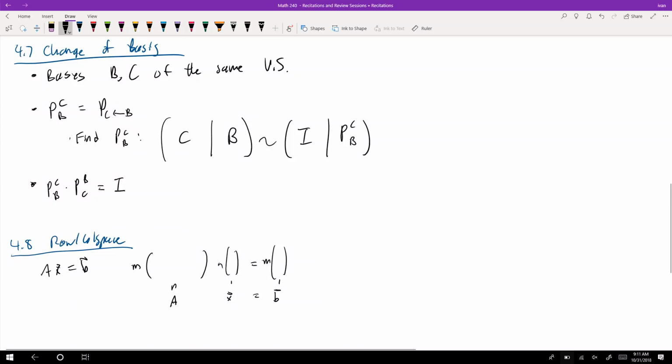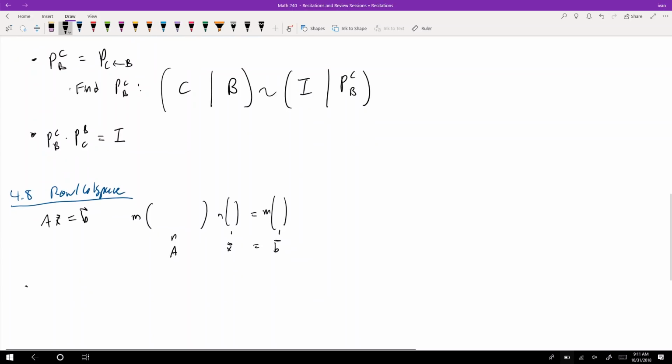Okay, the column space is the span of the columns of A. It's a subspace of R^m, and that's because each column has m entries in it.